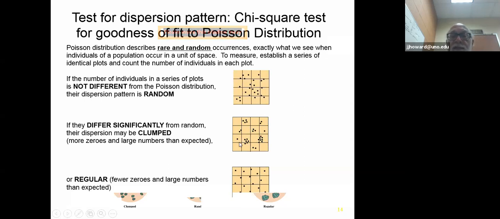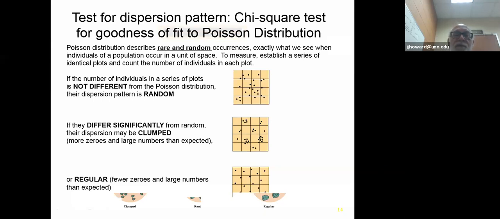And here you see you've got a 0 and a 0 and a 0 and a 0 and a 0. So you got 5 zeros in here. And you got several plots that have multiples. And so here's one that has 6. Here's one that has 4. Okay, so that's more than you expect. And that's a clump distribution. And down here at the bottom, pretty much everybody has the same number. It's either 1 or 2. There are no zeros, and that's regular. There are fewer zeros and large numbers than you expect.